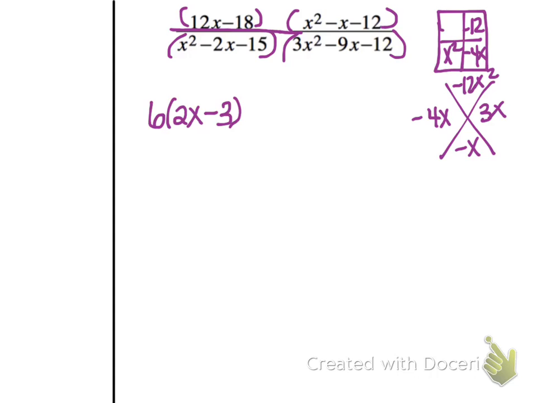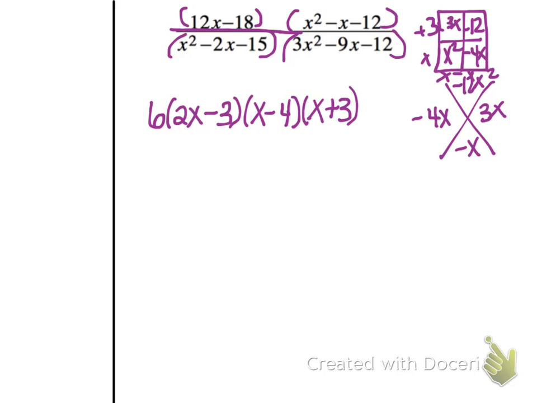And my factors are going to be x minus 4 and x plus 3. So I'm just going to list those as well. We'll keep writing on the top, x minus 4 and x plus 3.